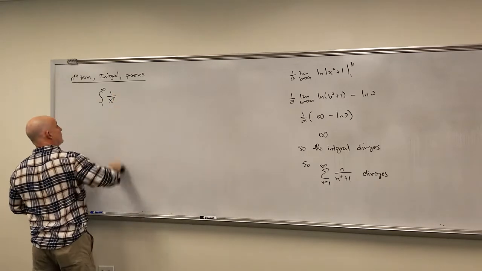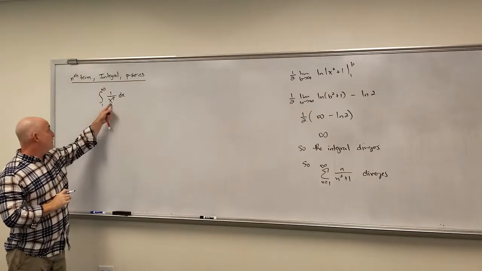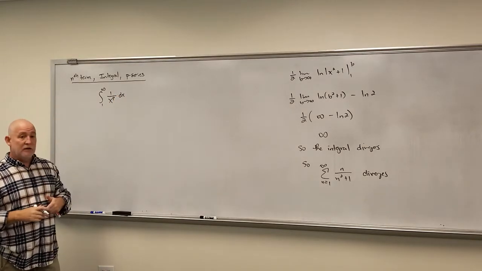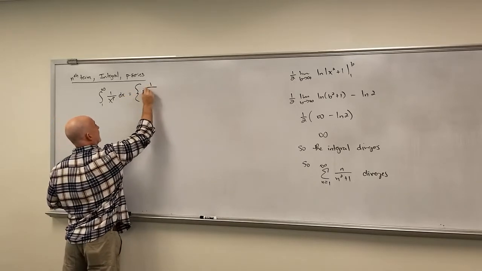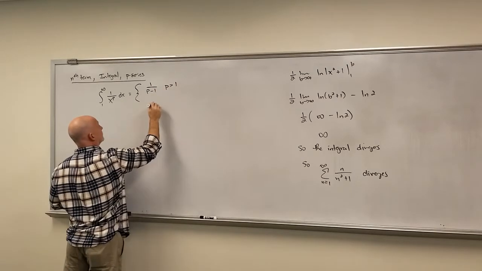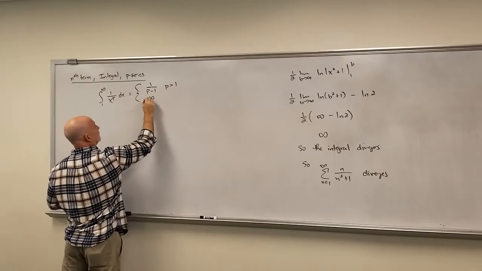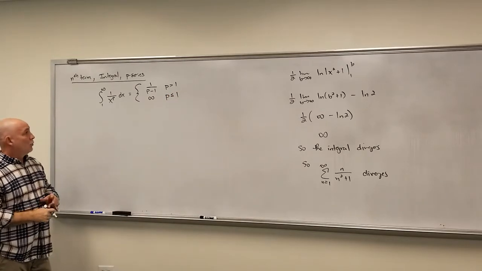So when we did this integral, the question was, for what values of p does this converge and what values does it diverge? And what we figured out at the time was that this added up to 1 over p minus 1 if p was greater than 1, and it added up to infinity if p was less than or equal to 1.